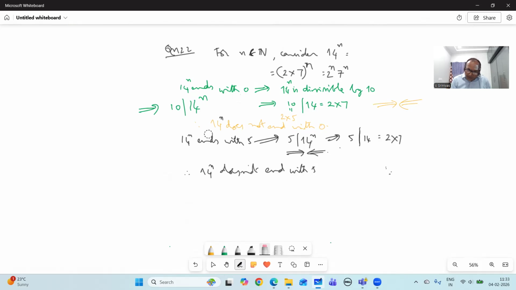Therefore, our assumption is false. Means 14 power n does not end with 5. So the conclusion is: 14 power n does not end with 5 or 0. In mathematics, this 'or' means this statement is true, this statement is true, and both of them are true. That's what 'or' conveys. Okay. That's how we have completed the answer.